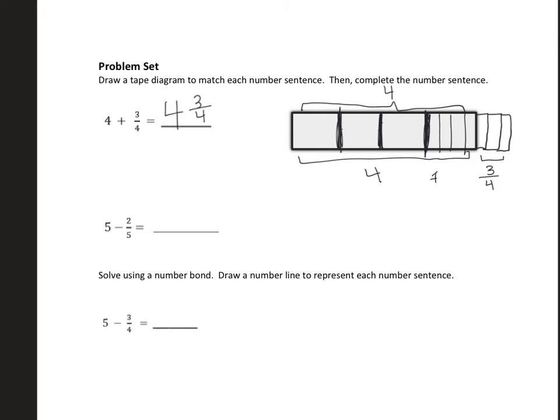All right, now the second one, we definitely talked about this earlier. So the first thing, again, I want you to do is draw a tape diagram that represents the whole number. Okay, so our whole number is 5 here. We're doing 5 minus 2/5. So I want you to draw a tape diagram that represents the whole number.